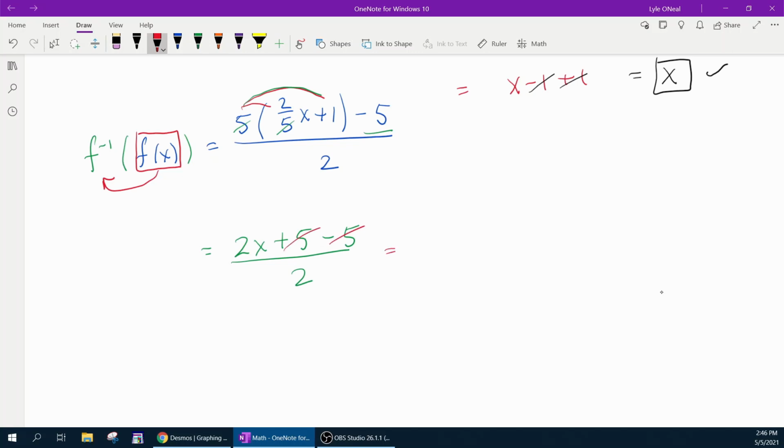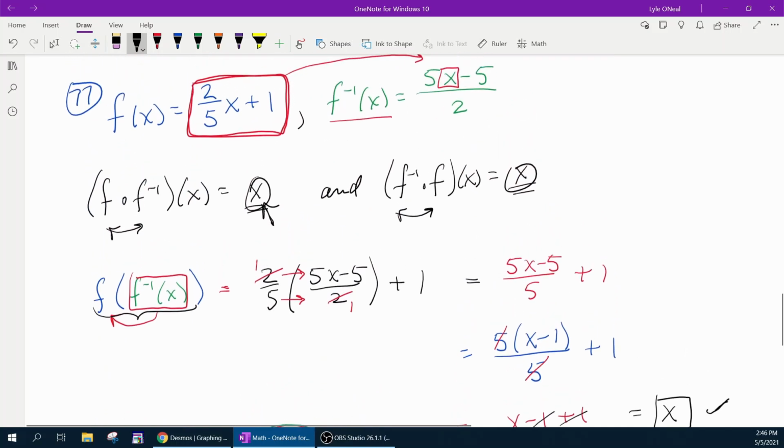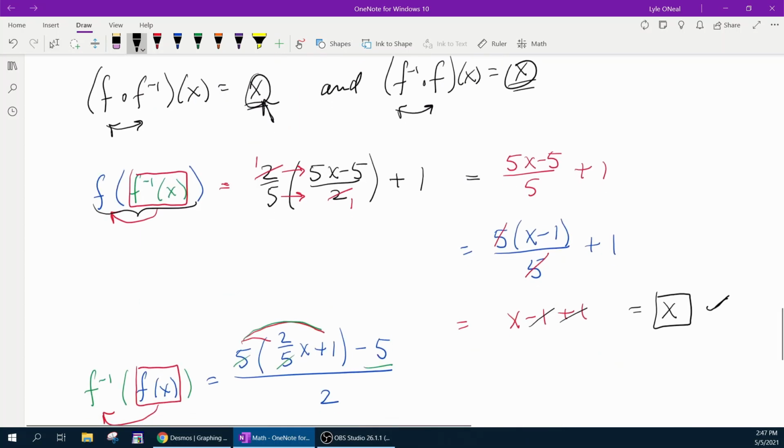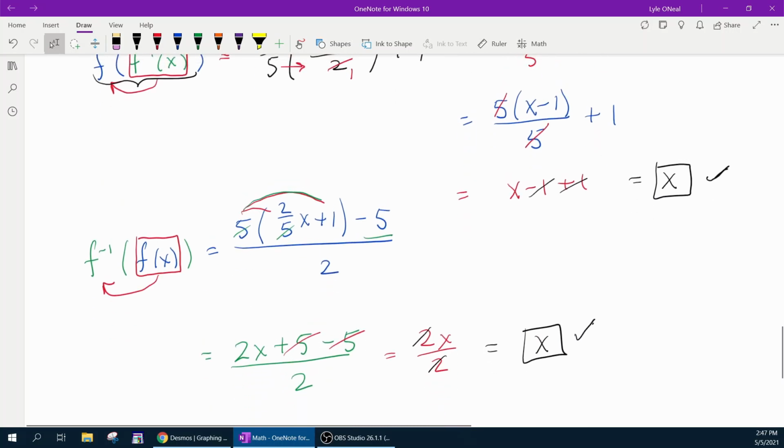So those cancel and leaves me 2x over 2. And then the x's cancel, leaving me only x. Now, since the composition both ways produced only an x, that verifies that this inverse function is really the correct inverse for the given function. And that is how you use composition of functions to verify a function and its inverse.